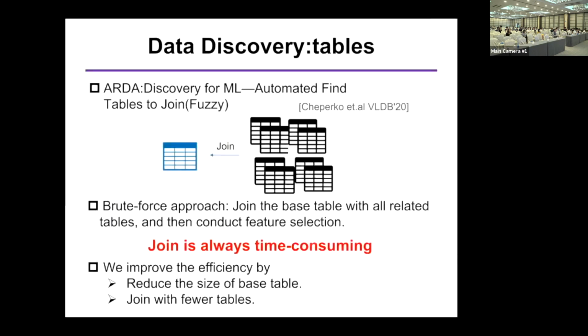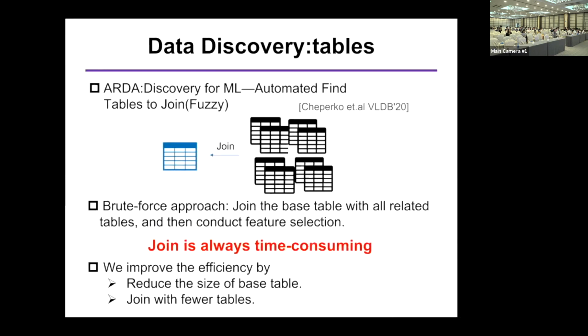ARDA is another machine learning-oriented data augmentation framework that discovers tables from the data lake so as to improve the performance of the downstream machine learning model. Unlike the previous Hamlet, it supports fuzzy join with data from the data lake.